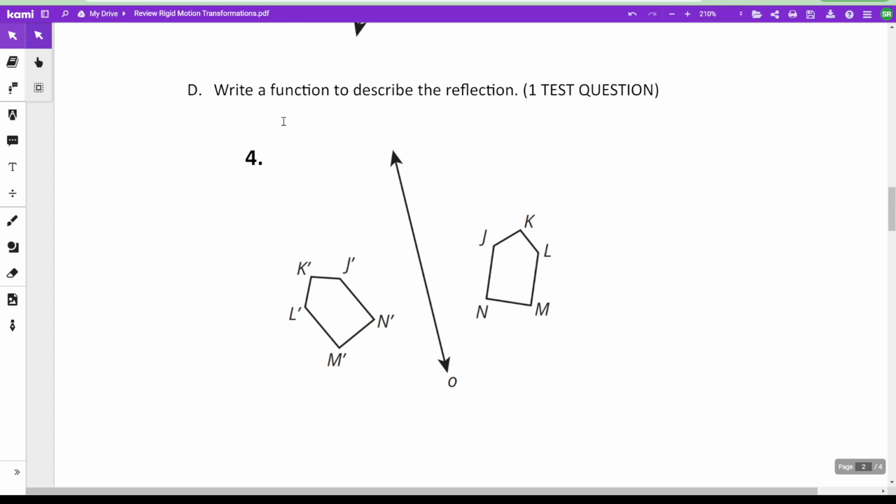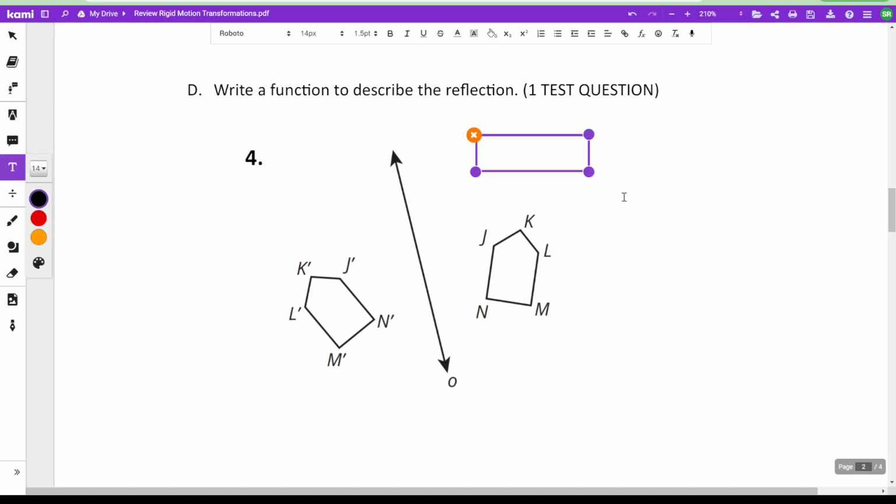Question D asks us to write a function and describe the reflection. Okay, so as you can see, JKLMN is a reflection over line O that gets us J prime, K prime, L prime, M prime, N prime. So in order to write the reflection function for this, we're going to use capital R for reflect.